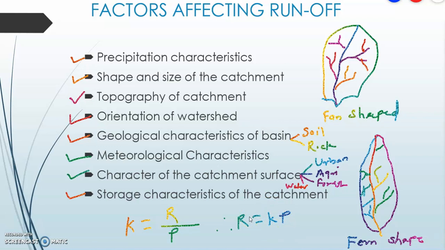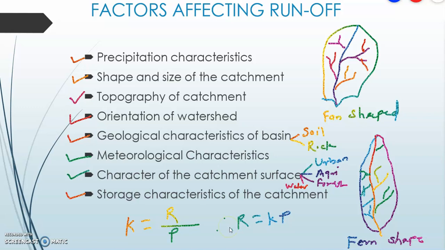This runoff coefficient factor basically depends upon land use, land cover, and what kind of soil is there. There are different types of soil, as I mentioned, sand, silt, clay. Depending upon the infiltration rate of those soils and natural cover, there are different values for the runoff coefficient.